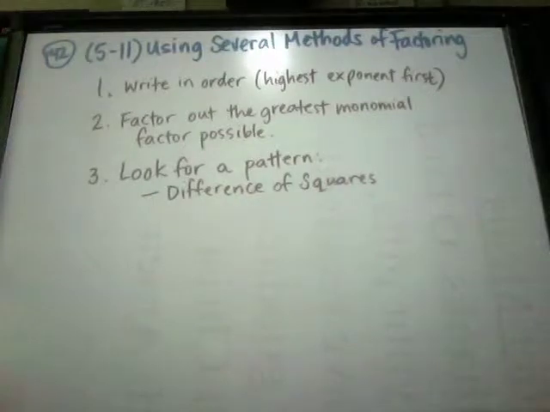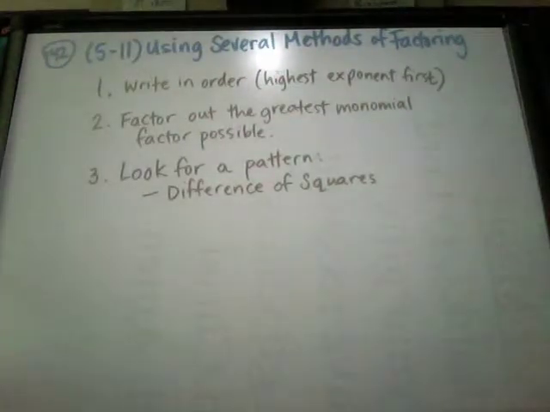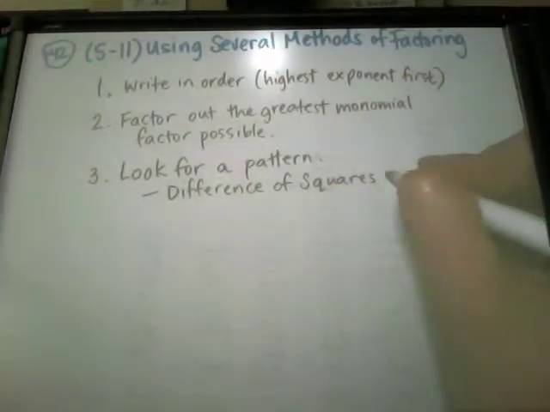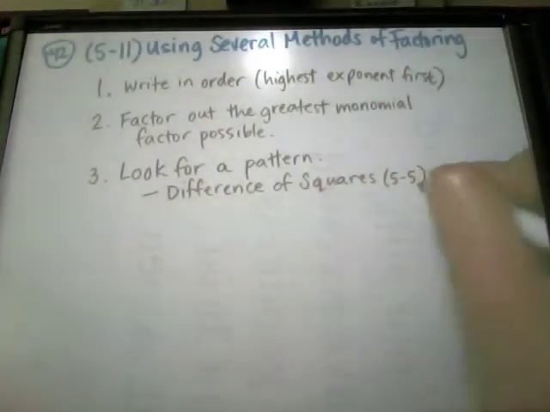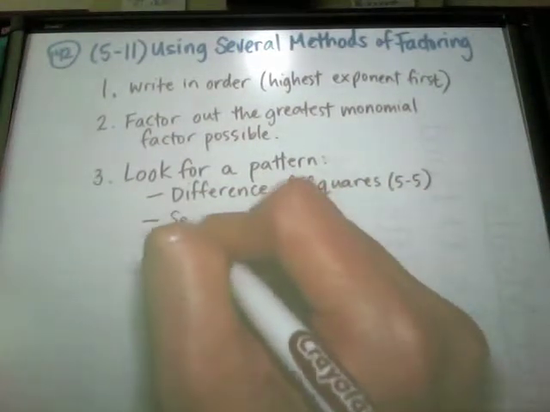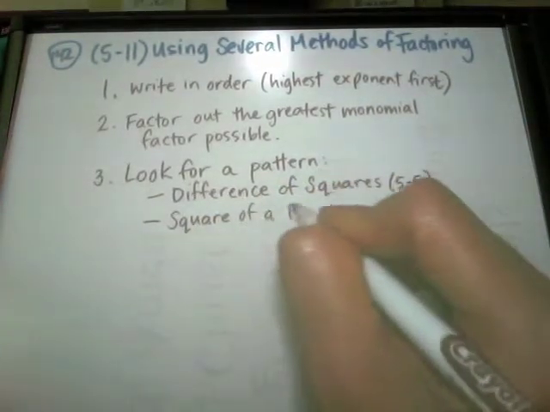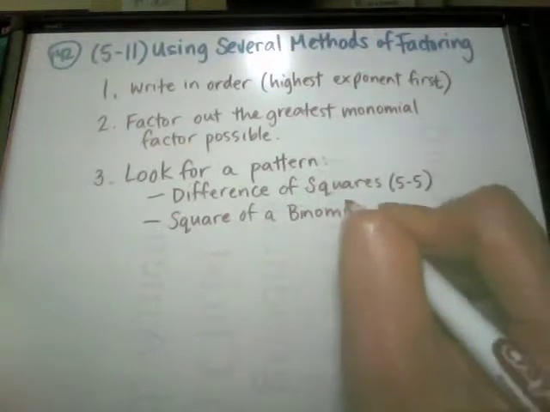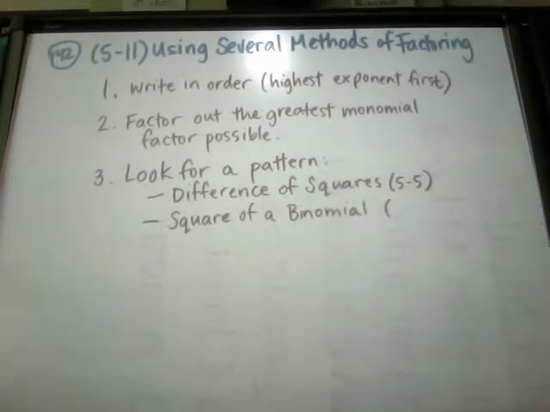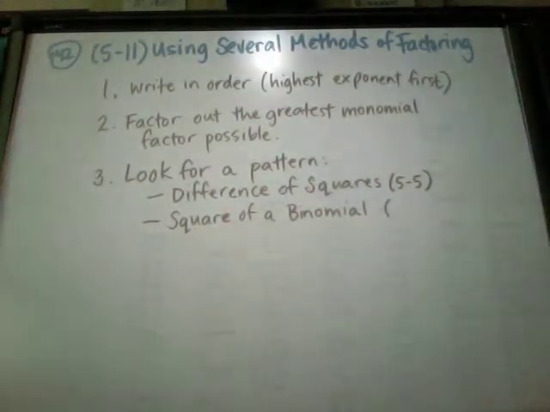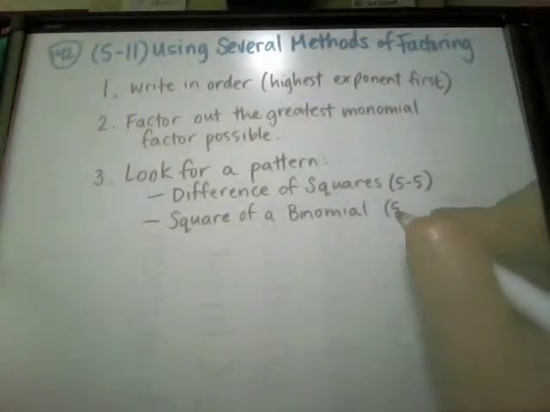And what I'm going to do here is try to write down the lesson number next to it. This was lesson 5.5. We also had the pattern square of a binomial, and this was that one with a squared plus 2ab plus b squared. So again, that comes from lesson 5.6.